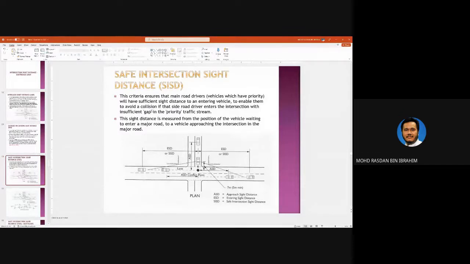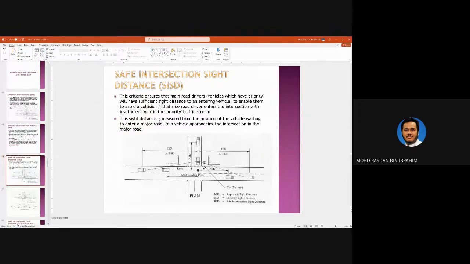Okay. So, to enable them to avoid collision if the side road driver enters the intersection with insufficient gap in the priority stream. So if by chance this driver here decided to cross, the time taken for this vehicle to reach is more than enough because it is longer than this SSD distance. Okay.